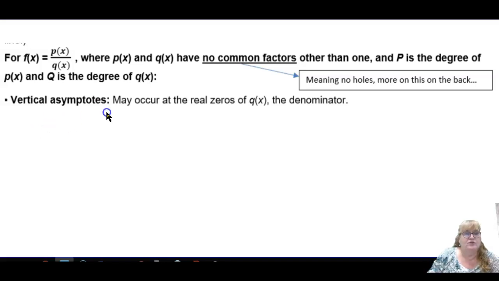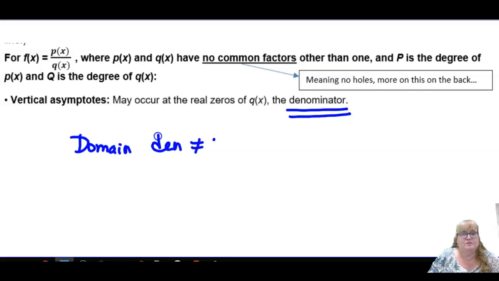So you would look for vertical asymptotes, and those will occur wherever the denominator equals 0, because those are places that it cannot go. So if you do the domain, you say the denominator cannot equal 0, and then instead it will have a vertical asymptote at whatever that is, x equals.